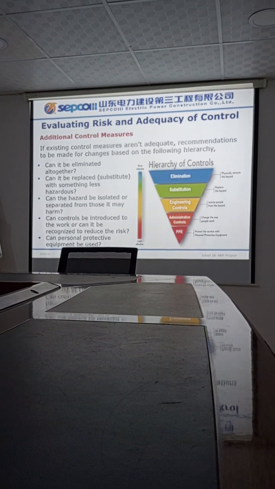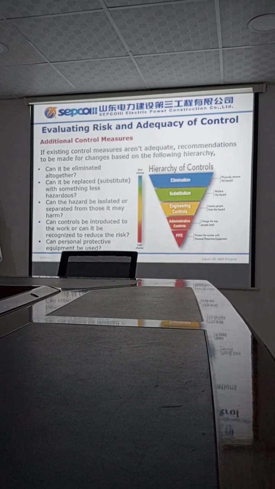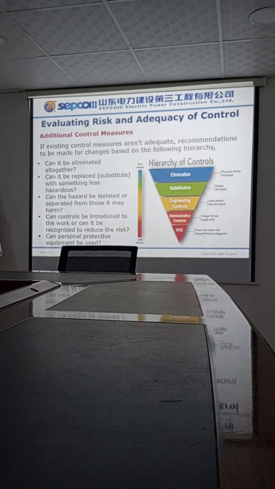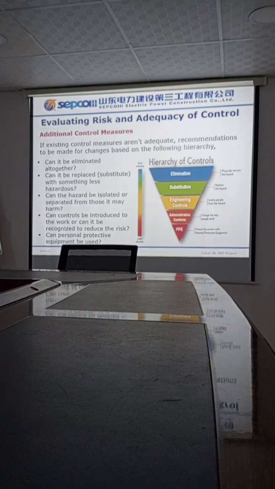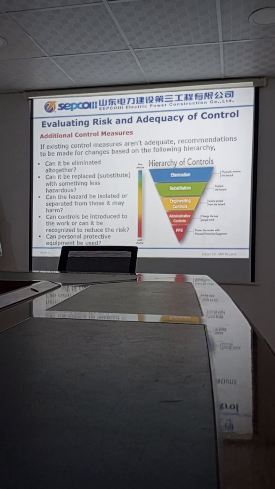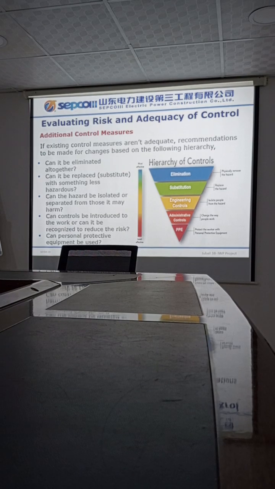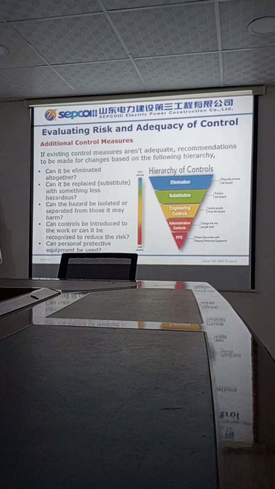We cannot remove. Okay. Can it be replaced? No, because this is the one that we are using. Can the hazard be isolated or separated from those it may harm? Yes, securing. Once you secure, it will not go down. Can controls be introduced to the work or can it be reorganized to reduce the risk? Yes, because you are tightening already.